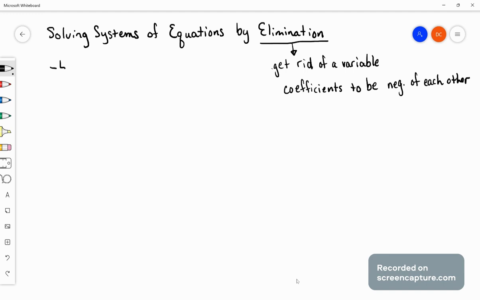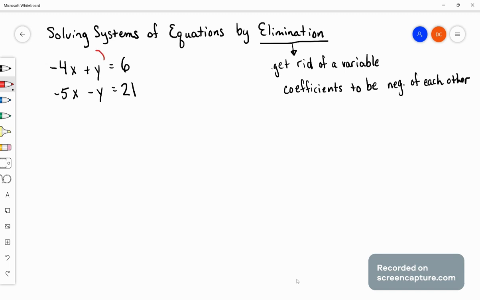So we have negative 4x plus y equals 6. And we have negative 5x minus y equals 21. So what did I mean by the coefficients? I want them to be negatives of each other. You can see here, this negative 4x and this negative 5x, I'm not looking at those.